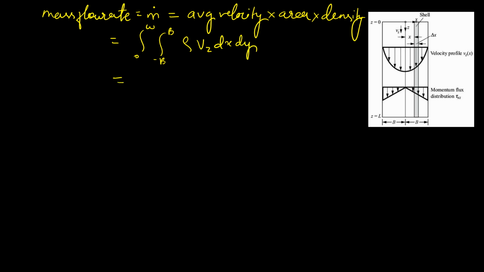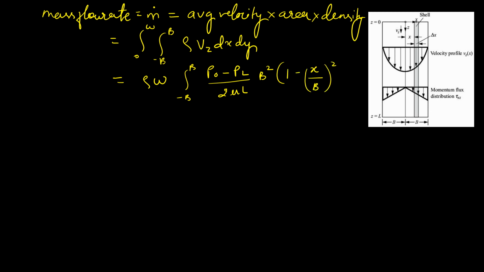Now taking the first integration, we get rho into W, these are constants. Vz is P naught minus PL upon 2 mu L into b square into 1 minus x square upon b square.